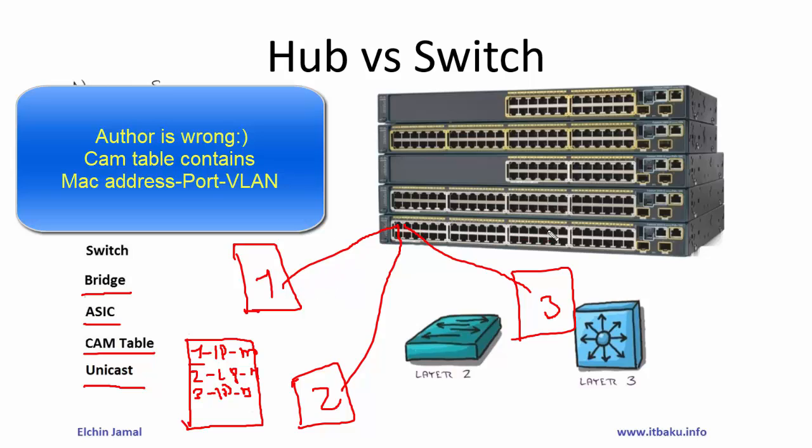the switch sends a broadcast signal, and as soon as this device accepts the information, the switch puts its information into its CAM table, and it's okay. But if this device doesn't have any activity for more than 5 minutes, information about this device is deleted from the CAM table.